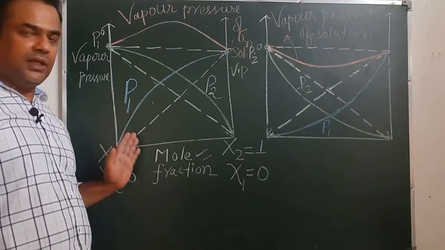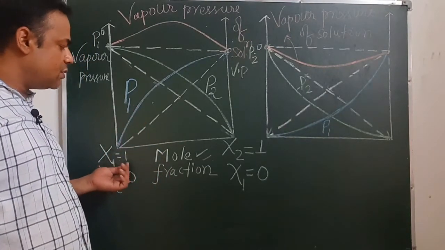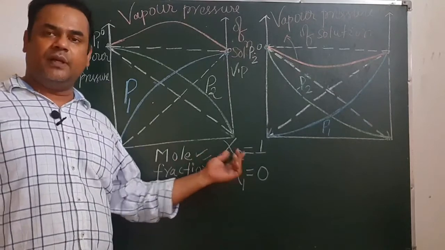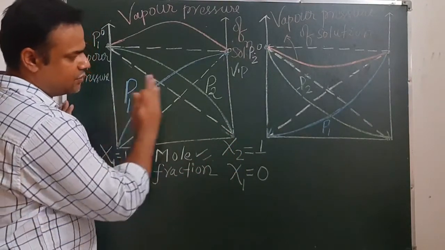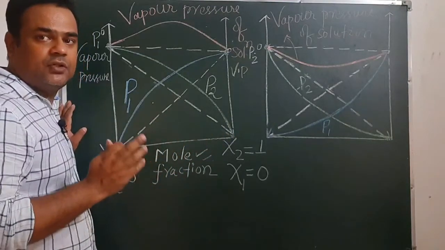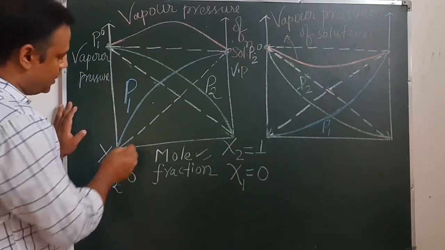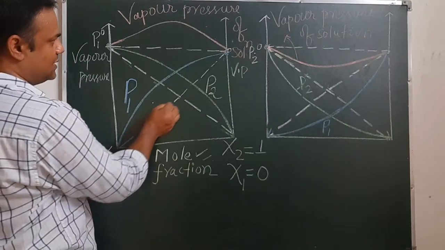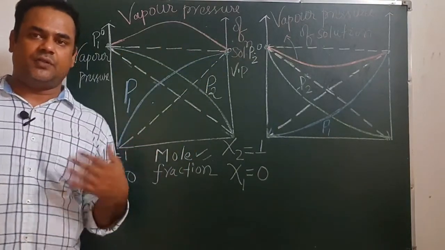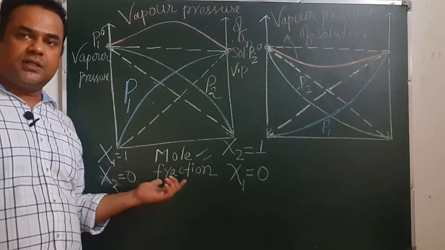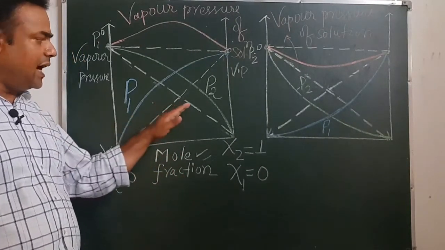When we mix together, then obviously the mole fraction of both solute as well as solvent will decrease. So when we go from right to left or left to right, we will get solution. So this dotted straight line is indicating the ideal condition that we have studied yesterday. You can see yesterday's videos.